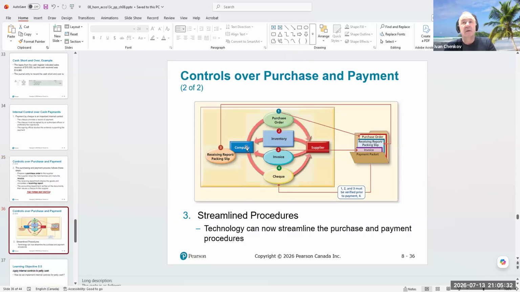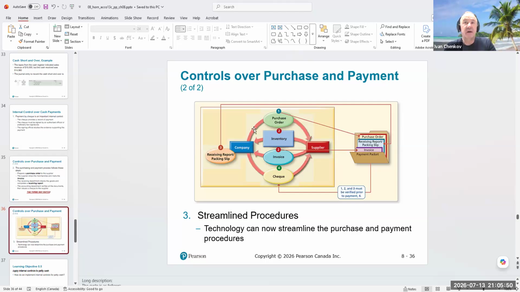Again, the company issues a purchase order to the supplier. The supplier sends the inventory that was purchased and shipped, and sends the invoice to the company.